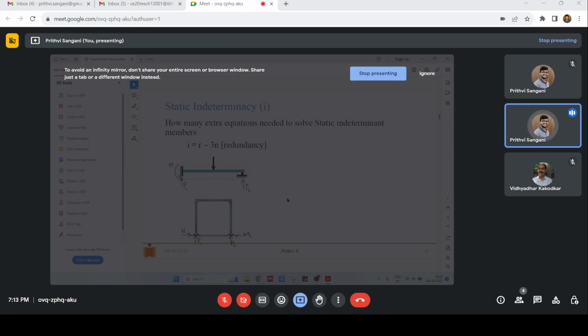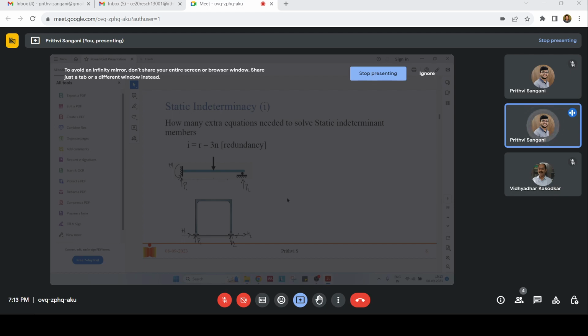So that is 4 minus 3, the degree of static indeterminacy, which is 1. So for finding that unknown reaction, we may require a compatibility equation.